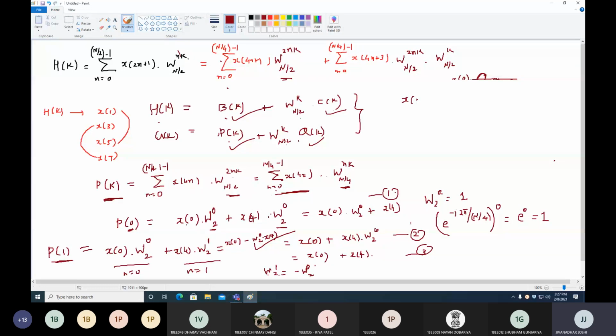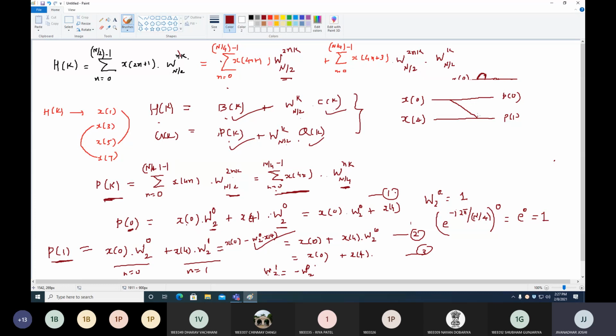My first signal is x of 0, second signal is x of 4. Using these signals only I can create p of 0 and p of 1. These are my first two outputs of the third stage, and these are my first two inputs of the third stage, right? So what is the relation?